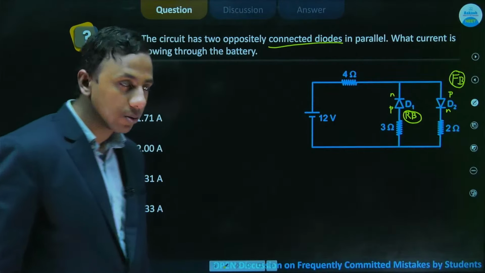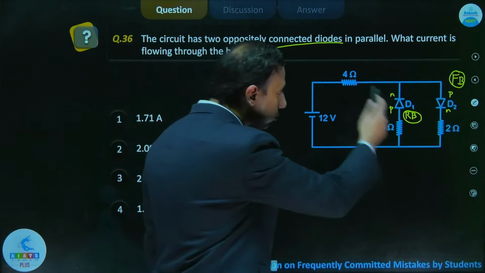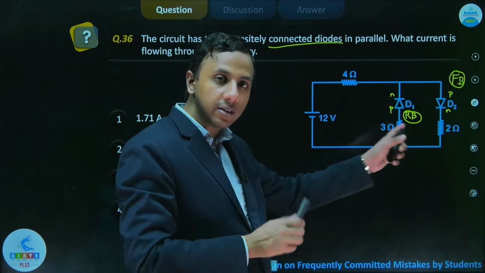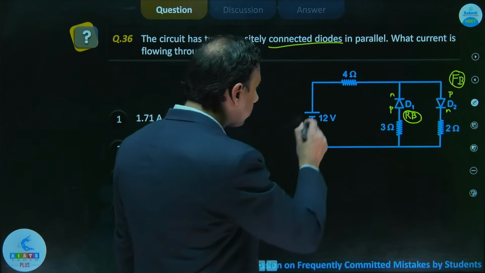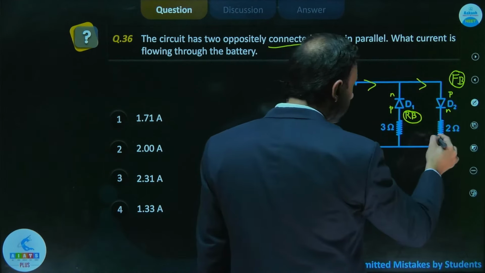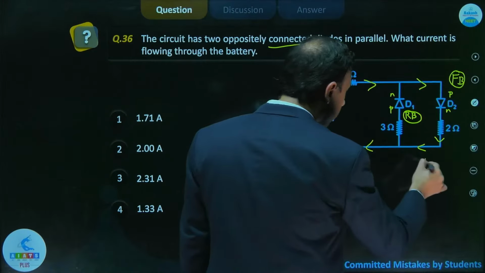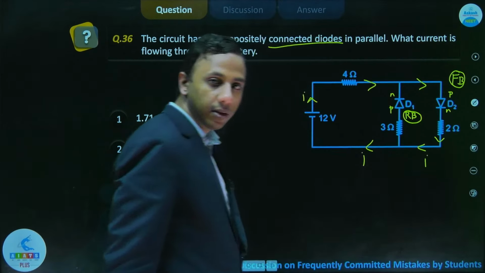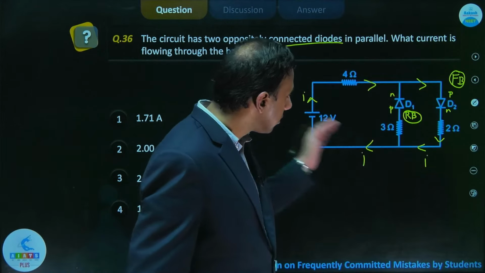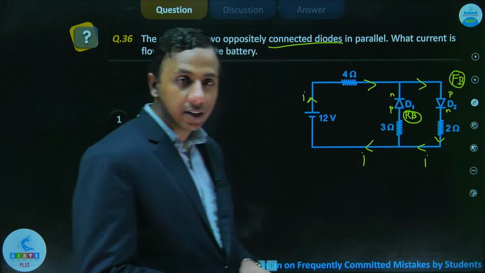Current will flow, and through this one no current will be flowing, because if it is an ideal diode, it offers near infinite resistance. Alright, so if current flows like this, it will go like this. I and I, right? Because here no current is flowing and over D2 current is flowing.